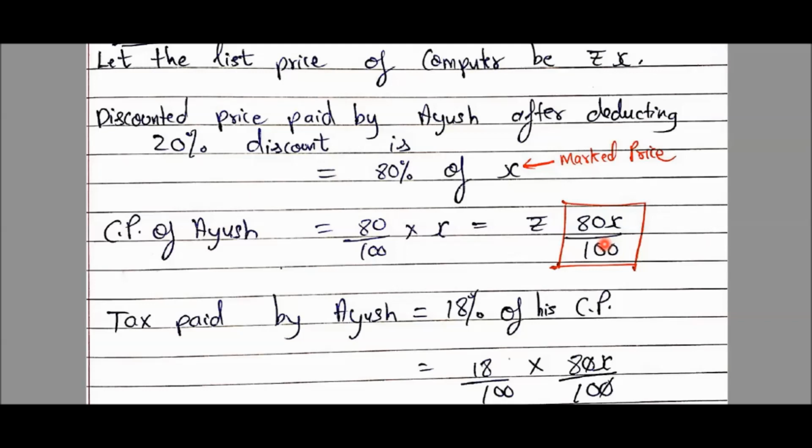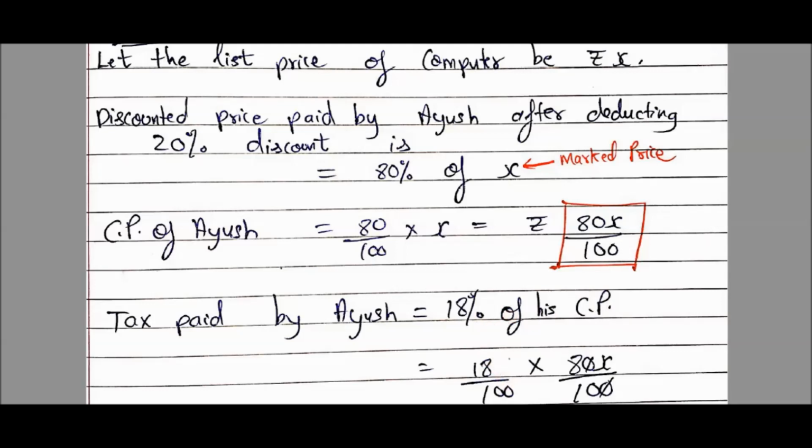Tax is always calculated on the selling price, that is the discounted price. So 18% of his cost price. When I say tax is calculated on selling price, the selling price of the shopkeeper here is the cost price of Ayush.